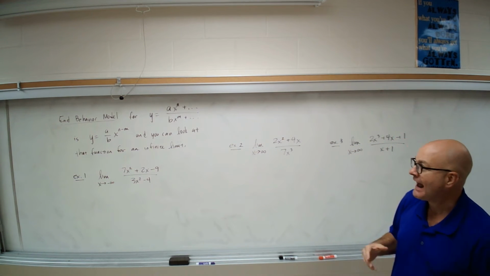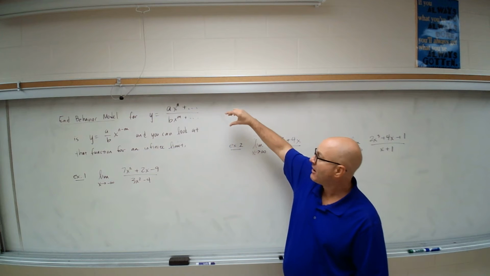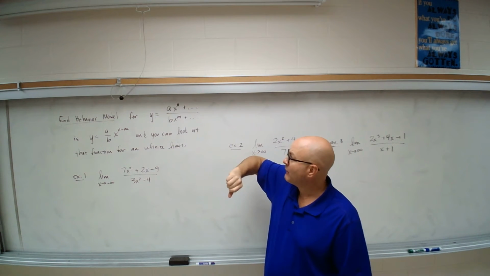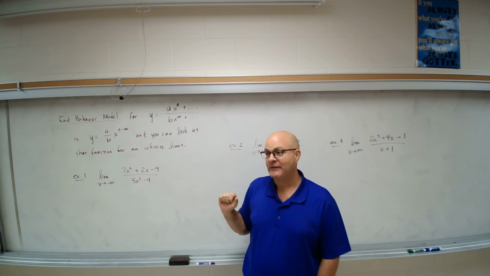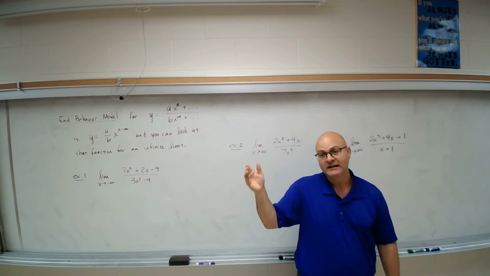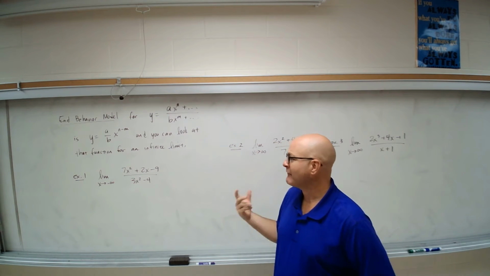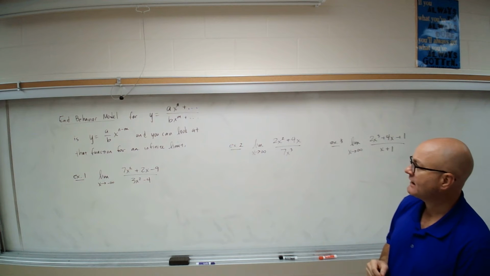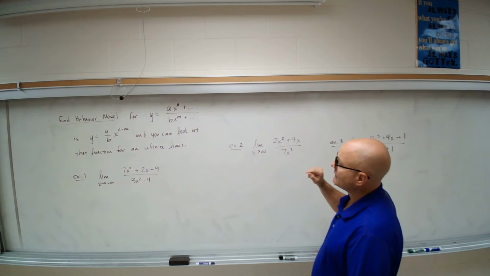And actually, what happens is, for any rational function, if we want to find the end behavior model, this tells us what's going to happen at the ends of the function as we approach infinity and negative infinity. We'll get a graphing calculator out and look at this too, because I think it's a little bit enlightening. Or maybe I'll let you do it.